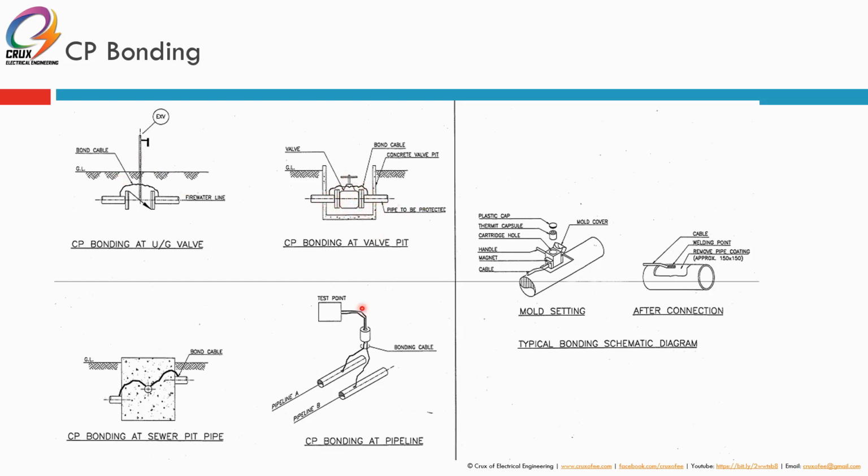This is also CP bonding at the sewer pit pipe, because maybe this is going to a bund containing sewer water, whereas this pipeline and this pipeline are not connected, so it needs to be connected through direct bonding. Same goes here. One ICCP can be connected to more than one pipeline, so you have to size it accordingly.